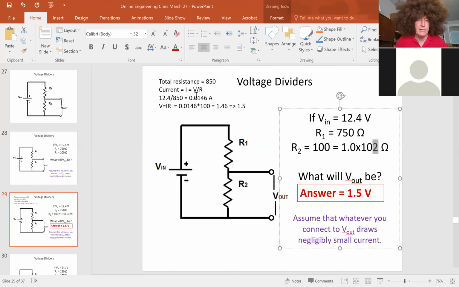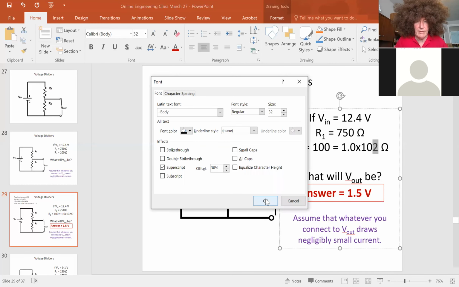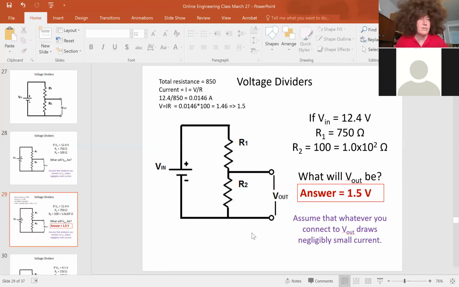But I'm not going to worry too much about sig figs with you ninth graders. If you want to write the answer as 1.46, I'll give you credit.